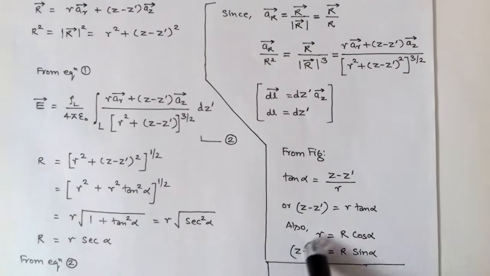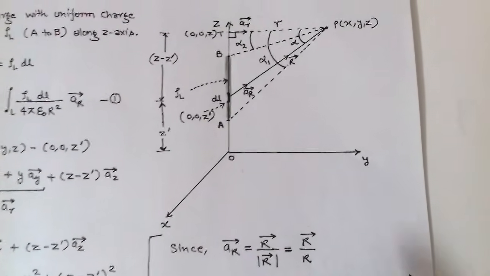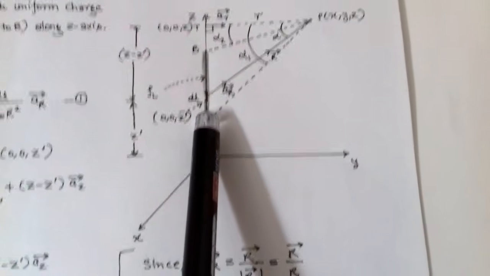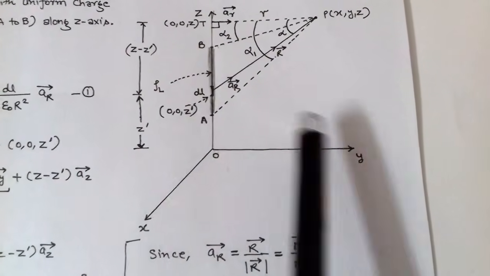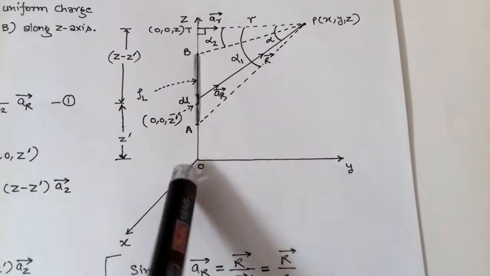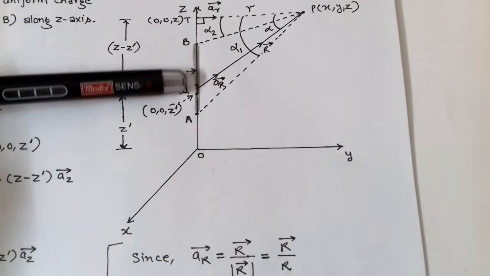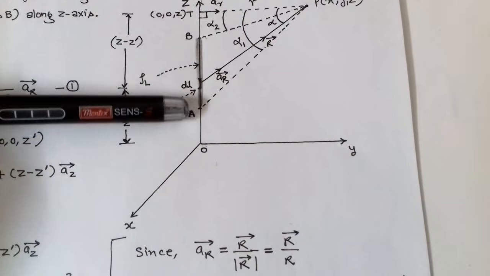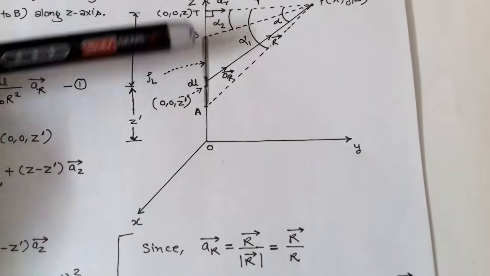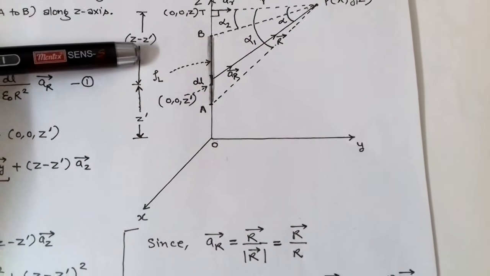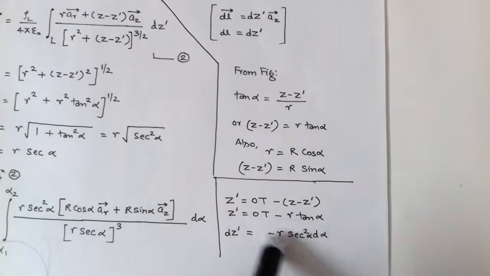Also, this z dash point is OT minus z dash, meaning we can find the height of DL, that is z dash, total OT minus z dash, since z minus z dash is r tan alpha.